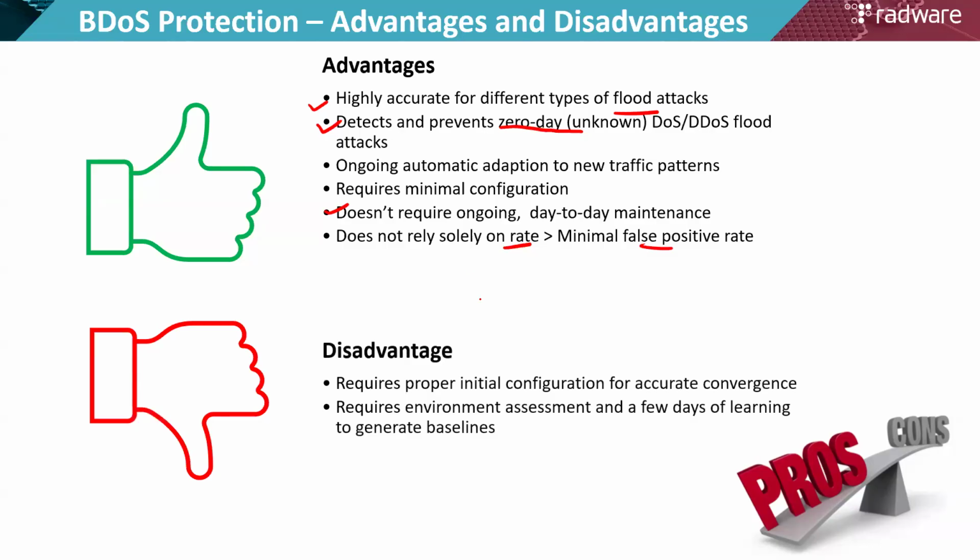The only disadvantage would be that it requires proper initial configuration. That means you need to properly tune the BDOS and set the bandwidth properly. These are the two things that are crucial from an initial configuration perspective.